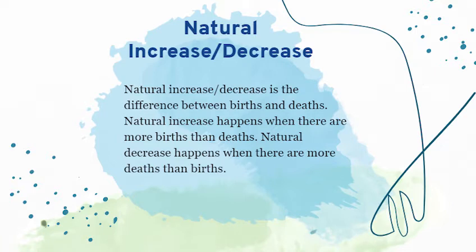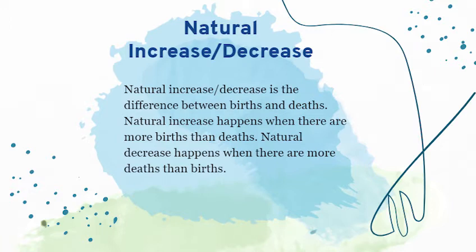It's a natural increase. You have more births than you have deaths. Now, what do you think natural decrease is? Simple. When you have more deaths than births, meaning there are more people in the population that are dying versus those that are being born. So you're going to have a natural decrease in population.